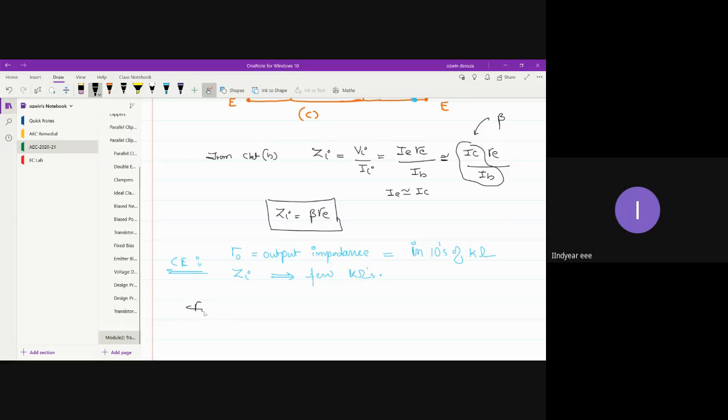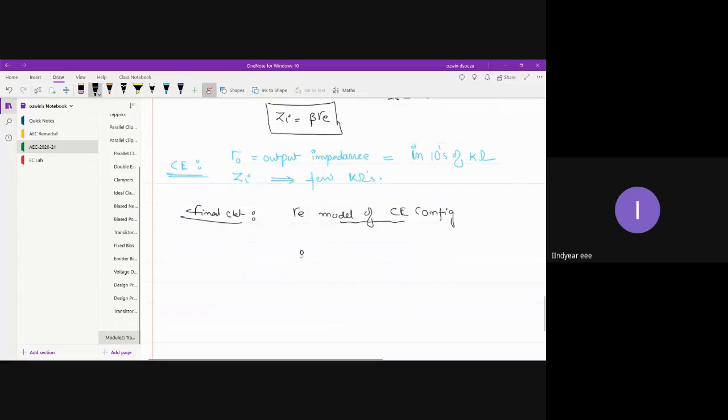Now let me write down the final circuit, a neat final RE model. So let me give the heading as RE model of CE configuration. This, let me take it as beta RE.